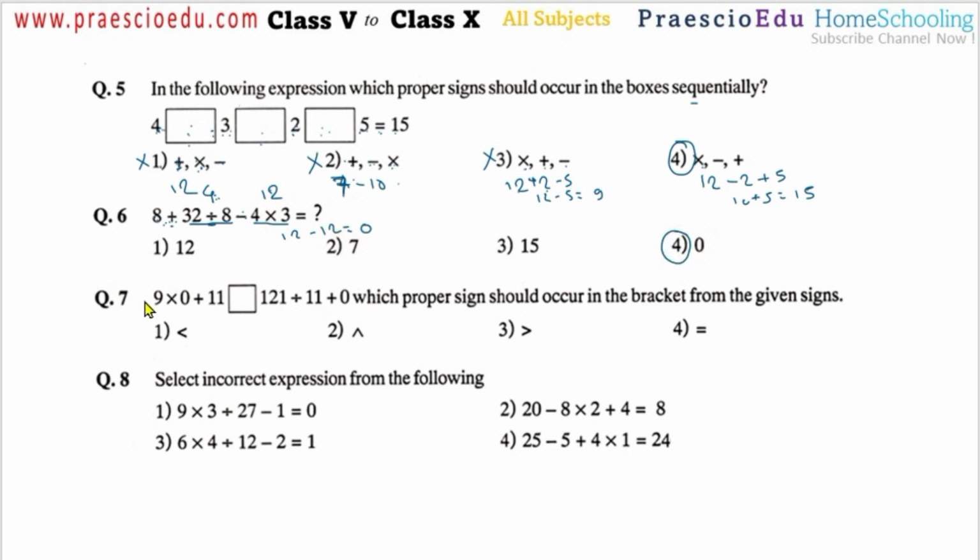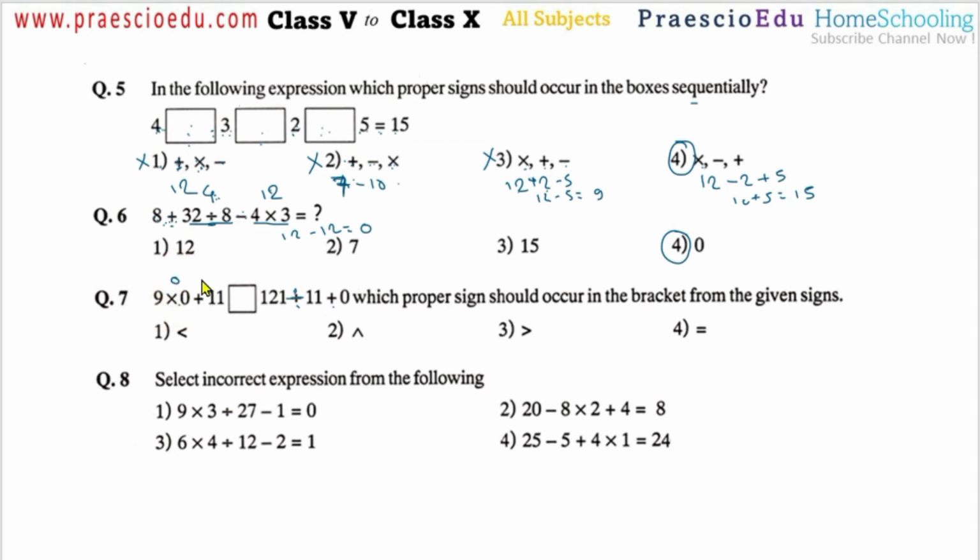Now question number 7. 9 multiplied by 0 plus 11, then square bracket, then 121 divided by 11 plus 0. So addition of 0 means no change, the same number. And here multiplication of 0 means 0.